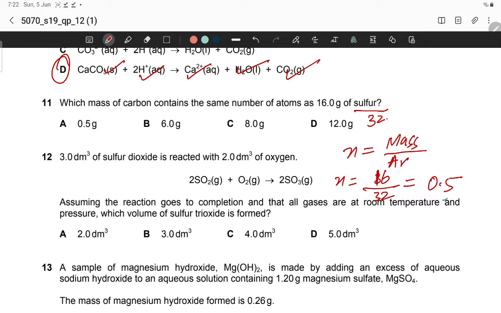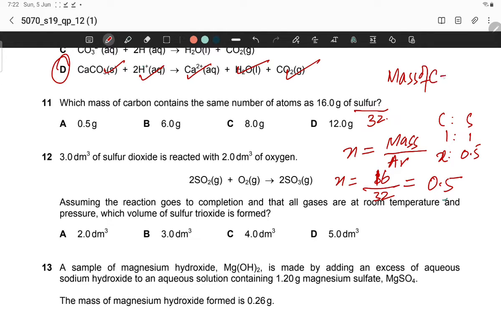What mass of carbon contains the same number of atoms? Carbon to sulfur ratio is 1:1, so 0.5 moles.